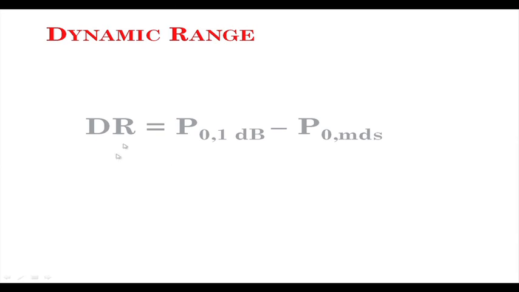In the power amplifier I will have this much dynamic range, so I can vary my input power level or output power level, same thing. Within this range, I am linear, so all my amplifier design concepts are valid. So, this is the definition of the dynamic range.